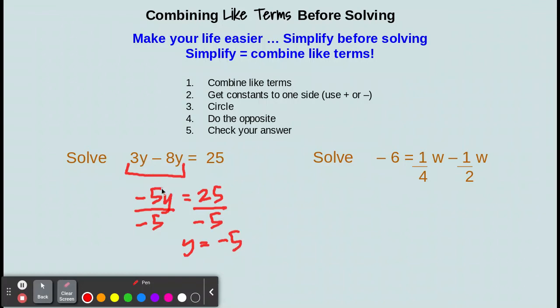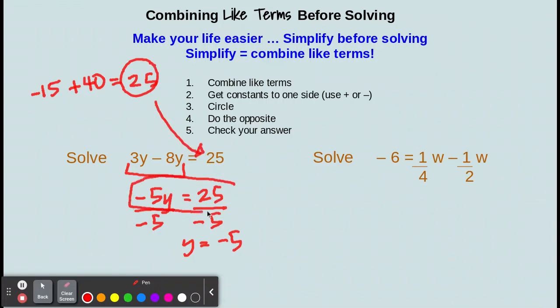Okay, and if we go back into our original and check our answer, 3 times negative 5 is negative 15. And negative 8 times a negative 5 is a positive 40. And 40 minus 15 is 25. And that matches. However, you could also use your simplified version of the equation after you combine like terms, which is slightly easier, right?